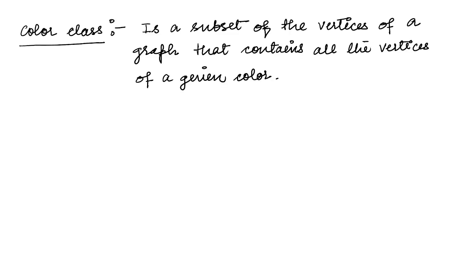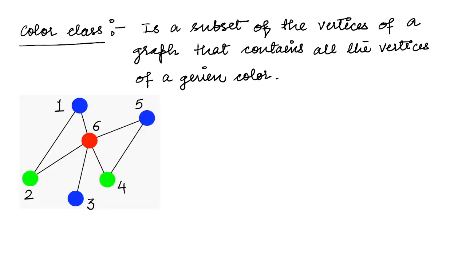Now comes the color class. It is a subset of vertices of a graph that contains all the vertices of a given color. So let's say this is the graph and I have painted it with different colors. Now let's see which vertices are painted blue. It is 1, 5 and 3. So this subset of 1, 5 and 3, those vertices which are painted blue, is what is called a color class.